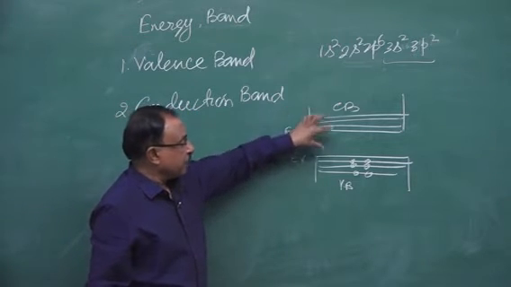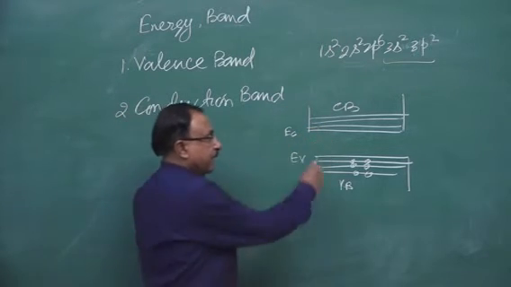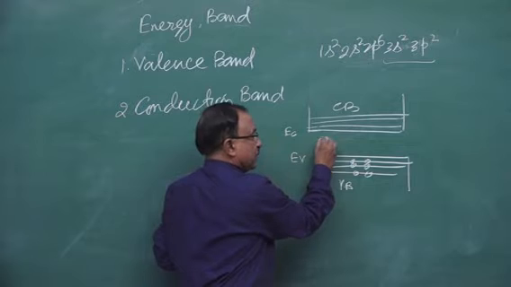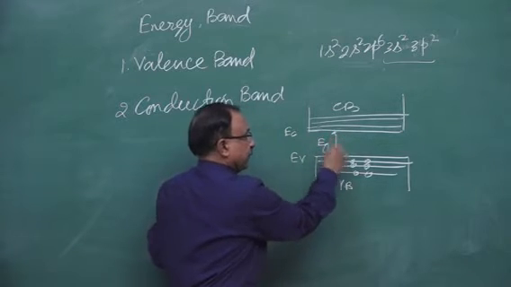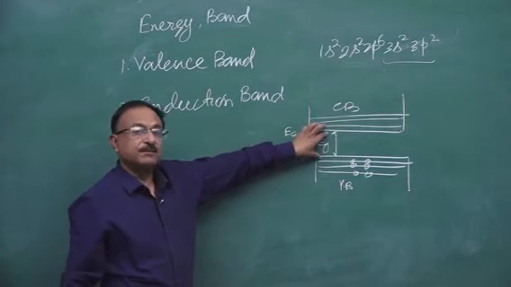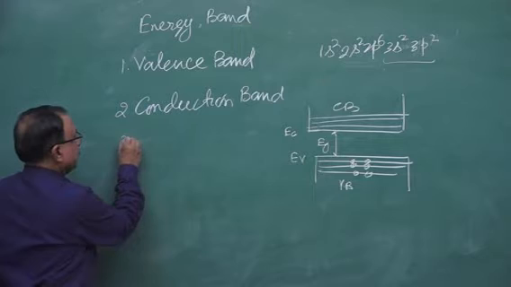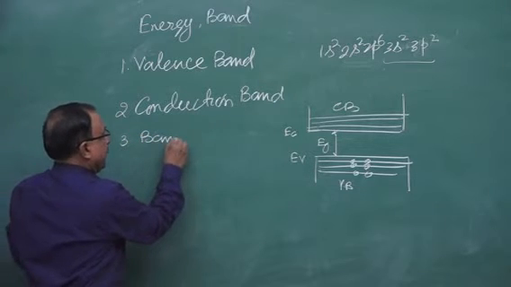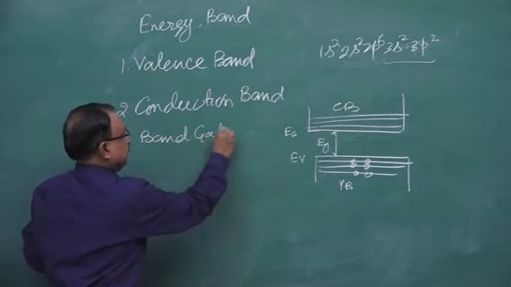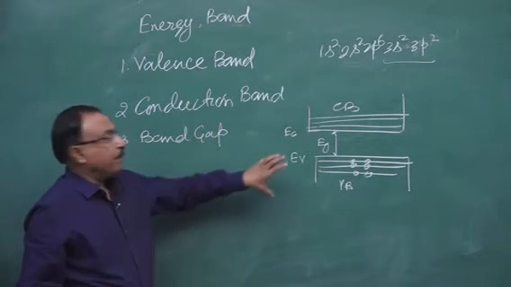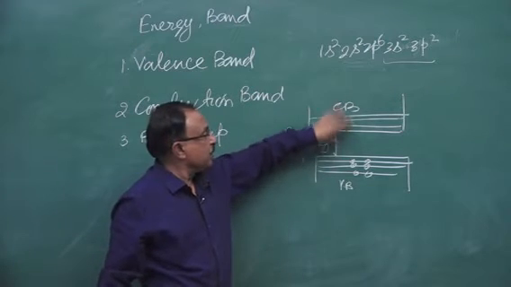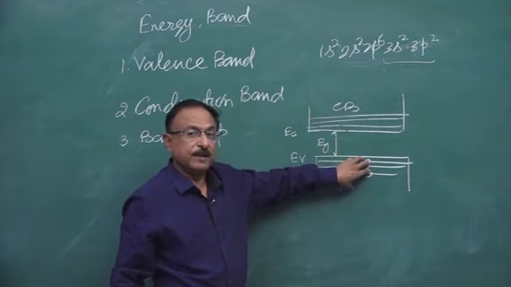In between the conduction band and the valence band, there is a gap. There is a difference of energy. This difference of energy we call the band gap. The third thing that comes here is the band gap. The band gap is the difference of energy between the conduction band and the valence band.